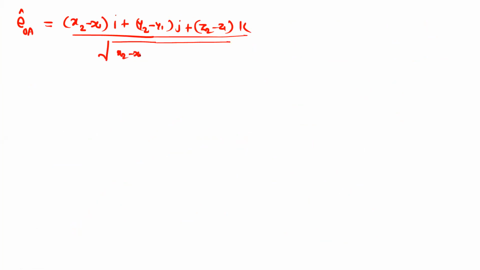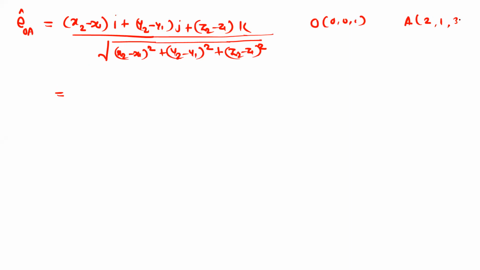So it is the square root of (x2 minus x1) square plus (y2 minus y1) square plus (z2 minus z1) square. For this OA, the origin is (0, 0, 0) and the second point A is (2, 1, 3).